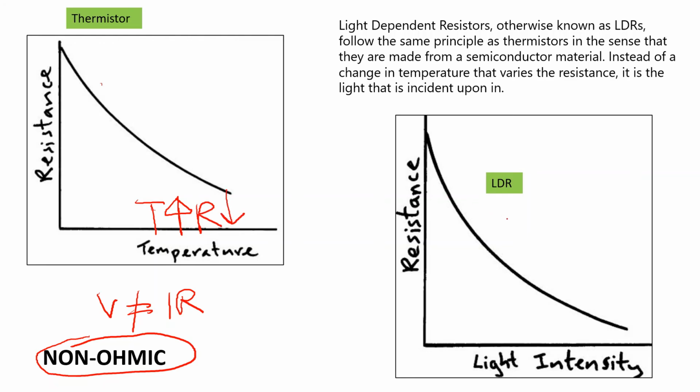And here, as light intensity goes up, similarly, the resistance goes down. Make sure you remember these graphs. As the temperature goes up, the resistance goes down. As the light intensity goes up, the resistance also goes down.